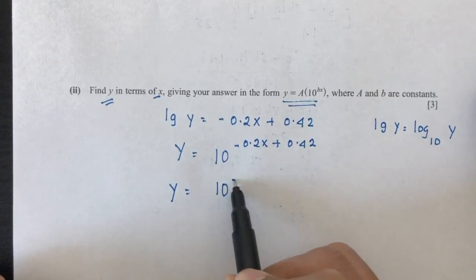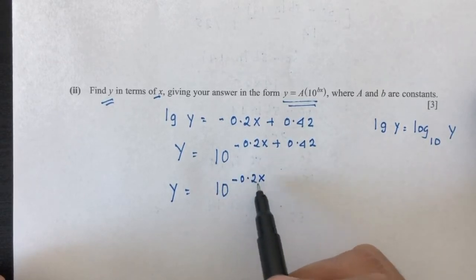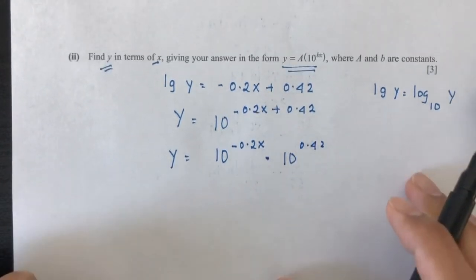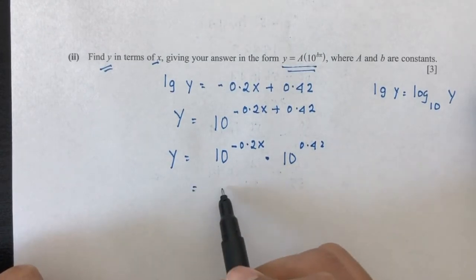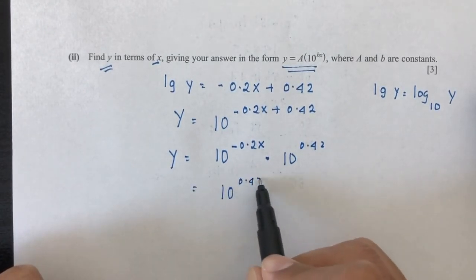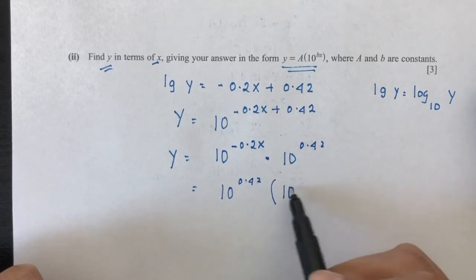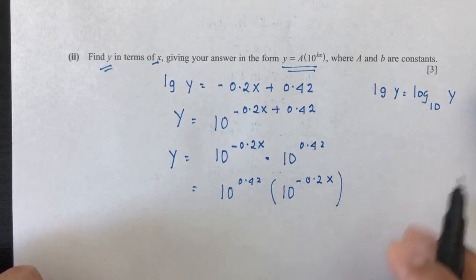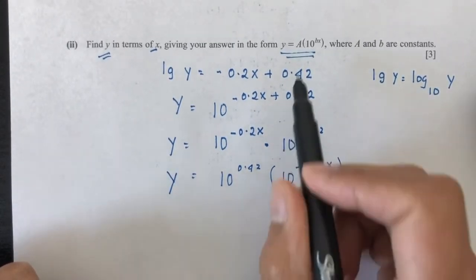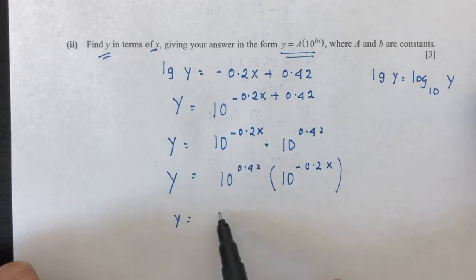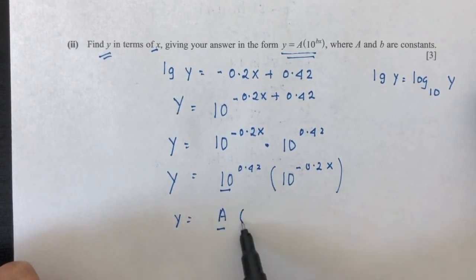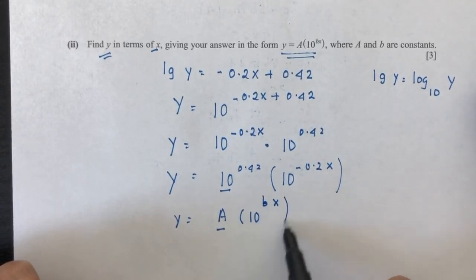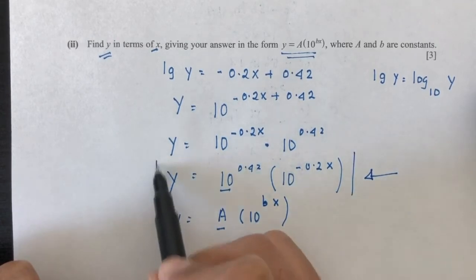You can have 10 to the minus 0.2x times 10 to the 0.42. So now you can re-express this in this form. This will be 10 to the 0.42 times 10 to the minus 0.2x. So as you can see, your equation is in the form of y equals a, this is the constant, times 10 to the power of b x. So this is your answer for part 2.